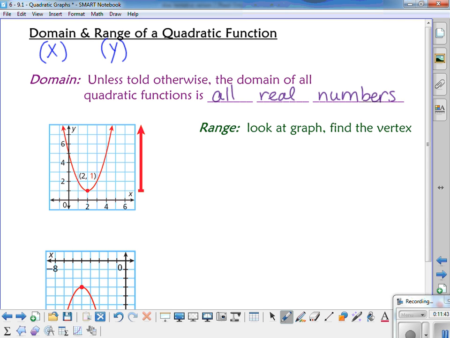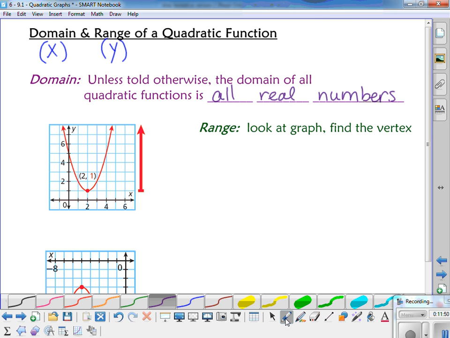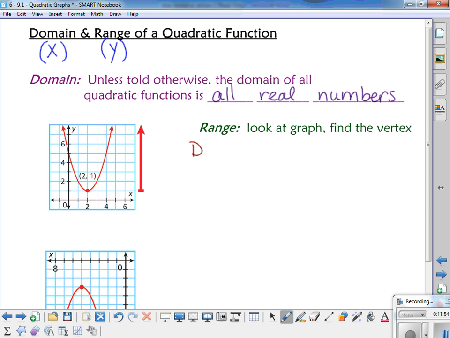So to figure out the range, we're going to have to look at the graph, and we start off by finding the vertex. So first of all, on the first one here, my domain is just going to be all real numbers, right? But my range, I take a look at it, and it's going up, isn't it? So we're talking about the y values.